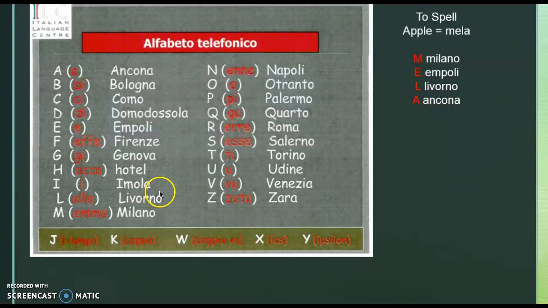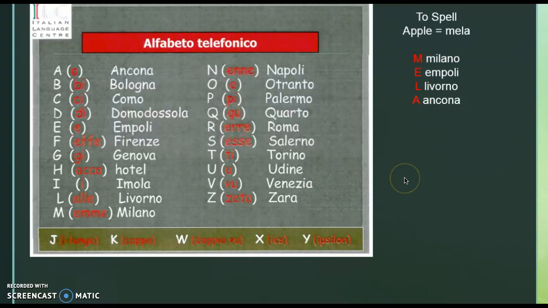I, Imola, L, Livorno, M, Milano, N, Napoli, O, Otranto, P, Palermo, Q, Quarto, R, Roma, S, Salerno, T, Torino, U, Udine, V, Venezia, Z, Zara.